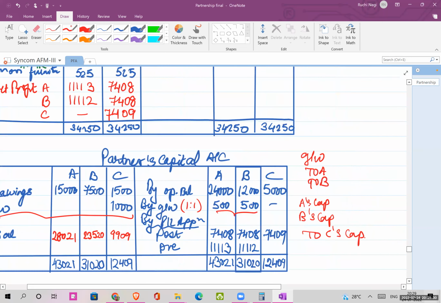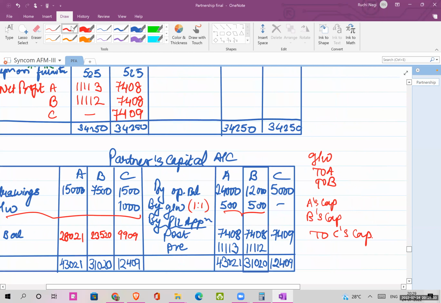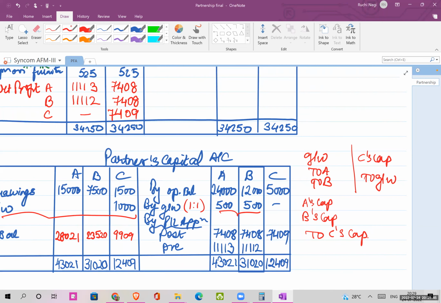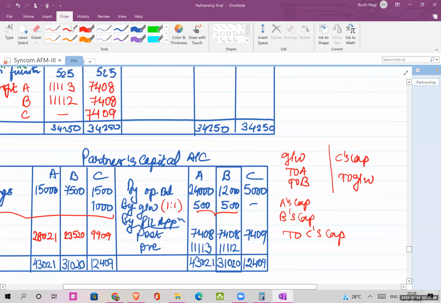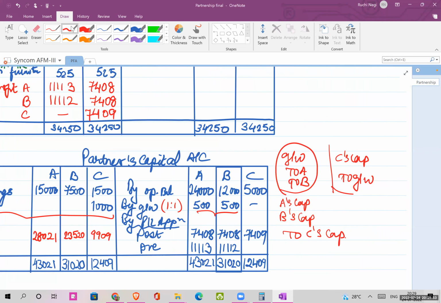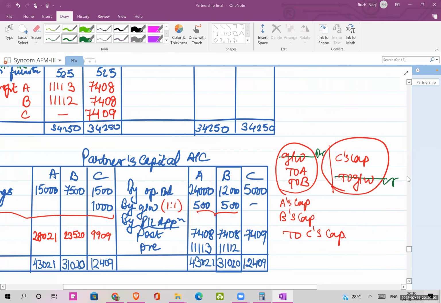और फिर then it will be C's capital to goodwill, his share, right? C's capital to goodwill, and then you're distributing it. ठीक है, ये और ये कैंसिल हो जाएगा, ये डेबिट है, ये क्रेडिट है, right? So what will be the journal entry that is left?